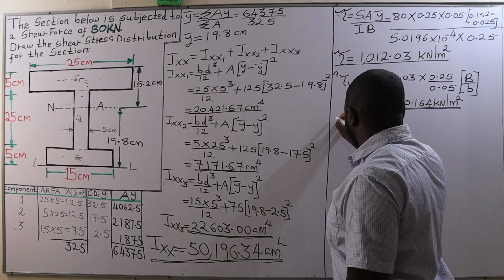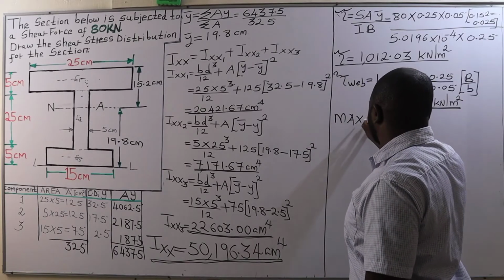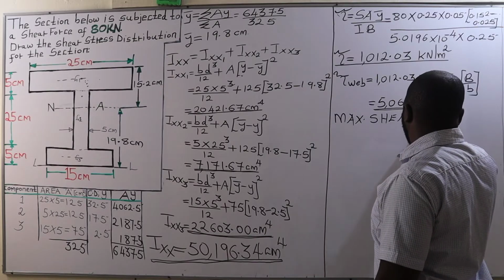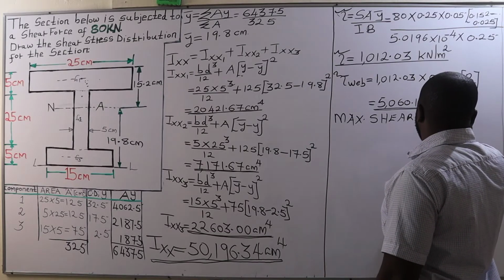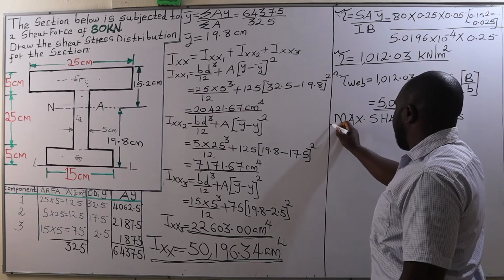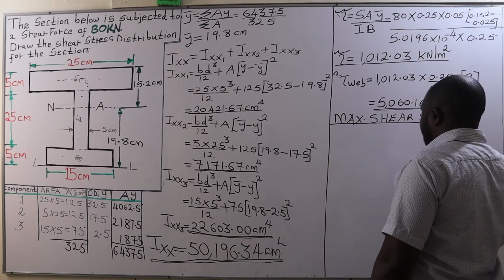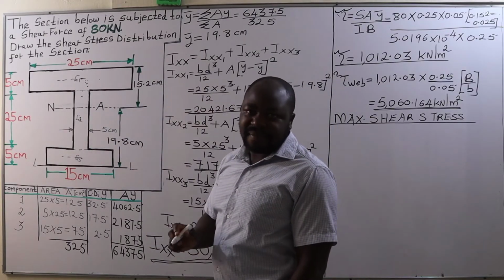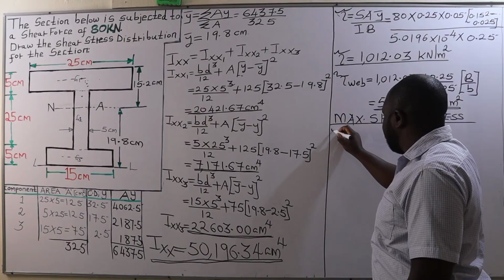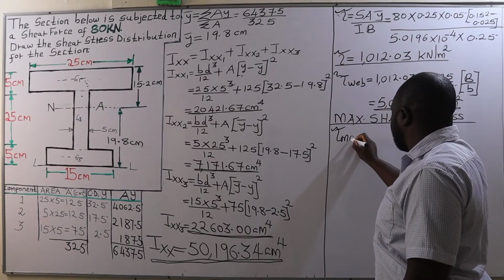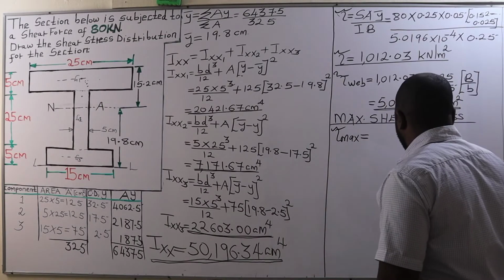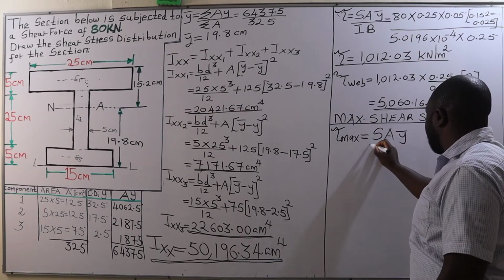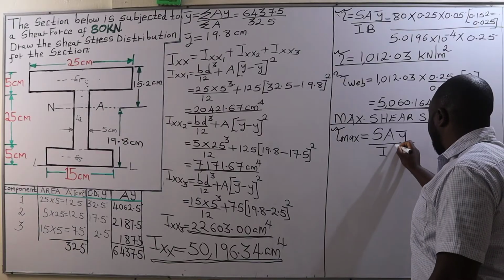Now, from there, we go to maximum shear stress. Now, the maximum shear stress, as we said earlier, will occur at the neutral axis, and it will be given by S A bar Y divided by I b.